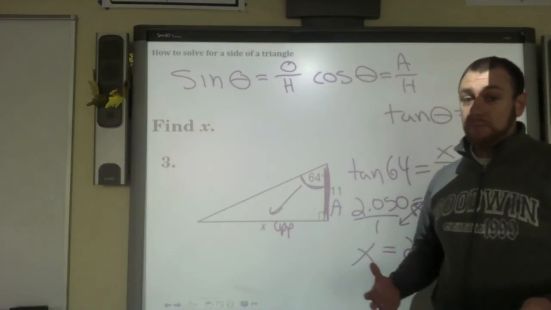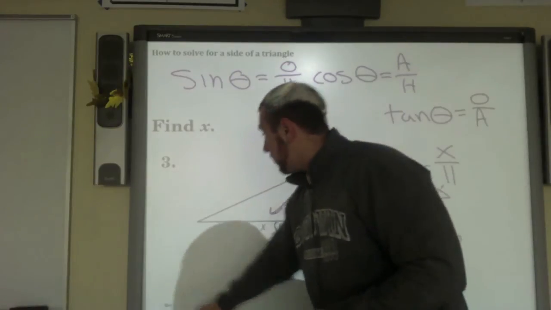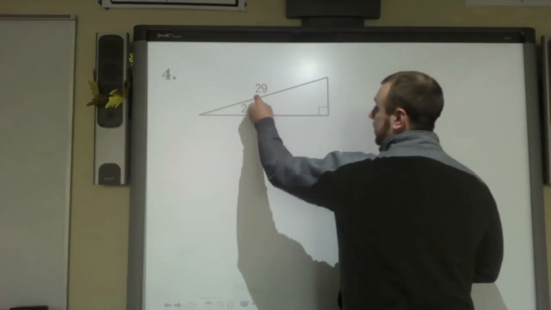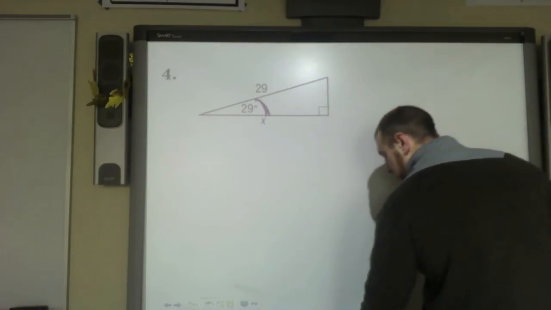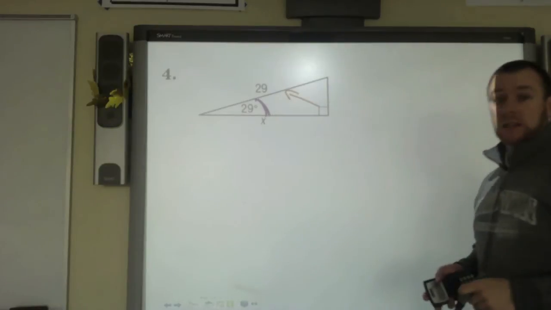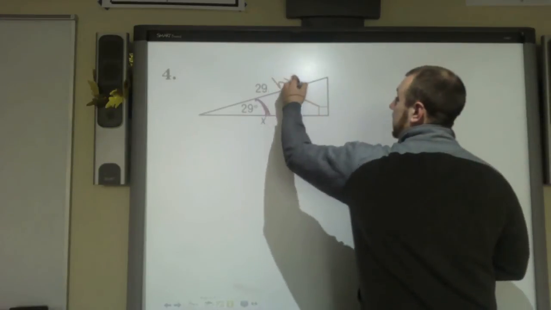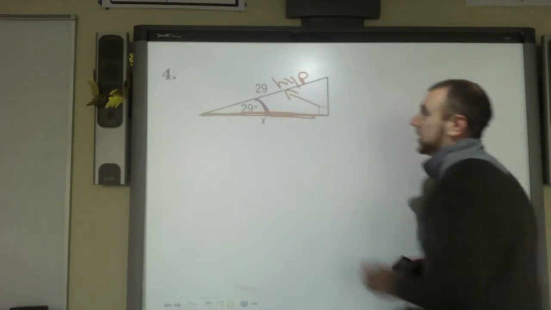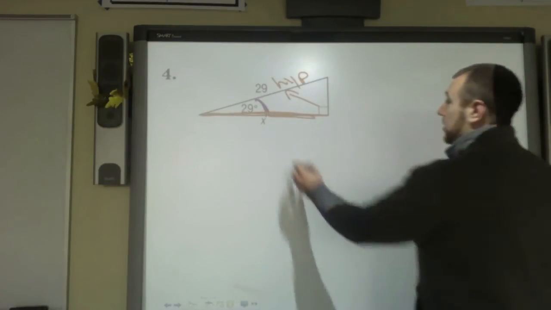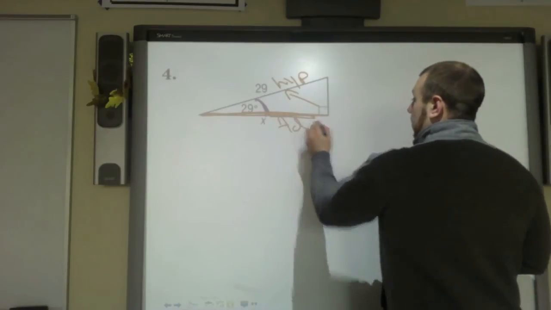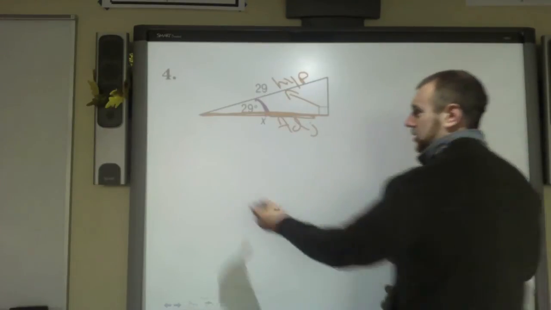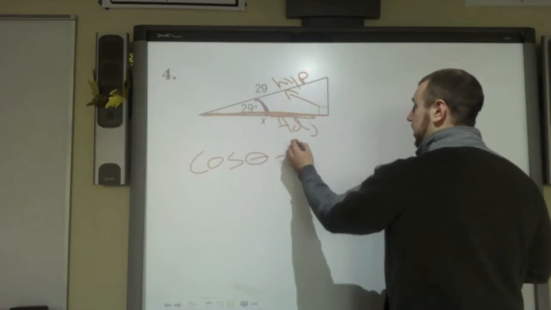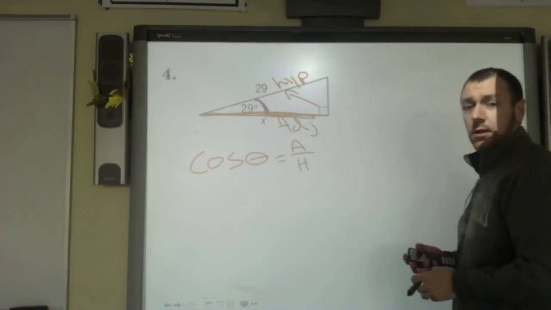Now the next problem deals with a different type of angle. Now I got 29. The side across from the right angle is always the hypotenuse. Okay, and then I have x labeled as the side next to the angle, so that's my adjacent. So I'm going to use my cosine function, because remember, cosine of any angle is my adjacent side over my hypotenuse. So I'm going to plug that in.